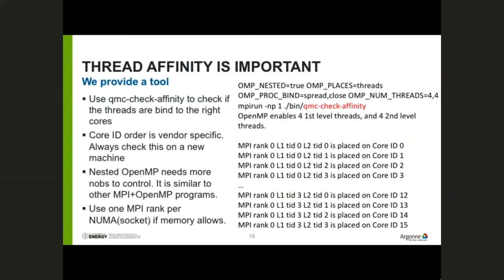So this tool basically prints how the MPI ranks and threads bind to the cores. These are logical cores, not physical cores. Nowadays, each core has hyperthreads, so when you run lscpu, you will get like 2 or 4 threads per core.